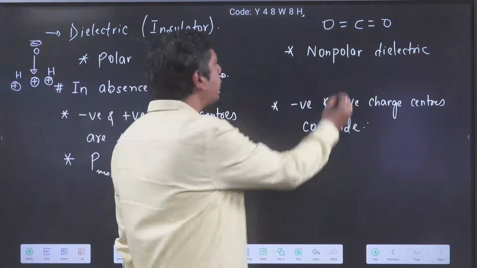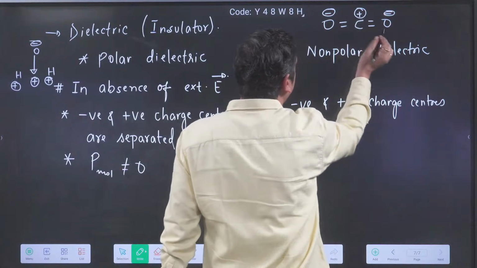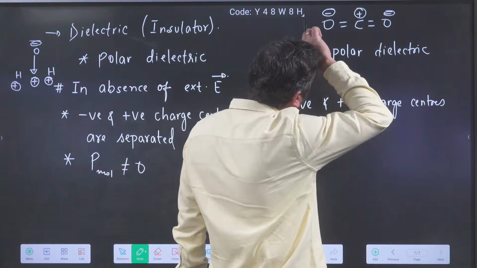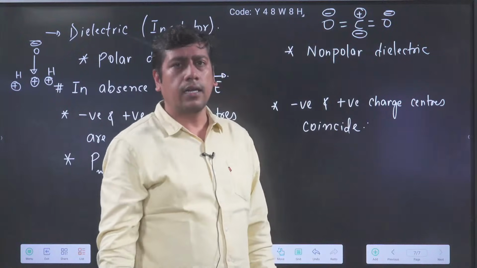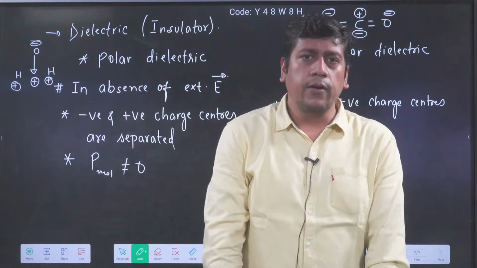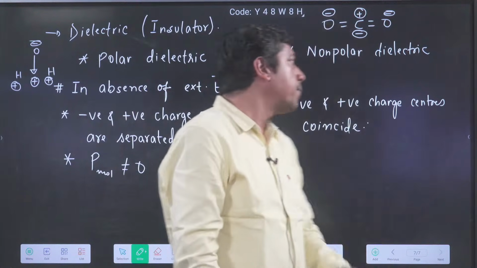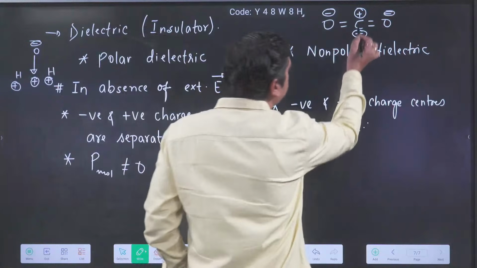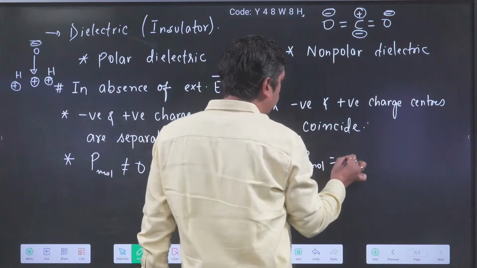So negative charge is here, negative charge is here. Here it is positive, oxygen being more electronegative. Then the negative charge center will be right at the middle. So positive and negative charge centers are coinciding, therefore the dipole moment of the molecule will be 0.